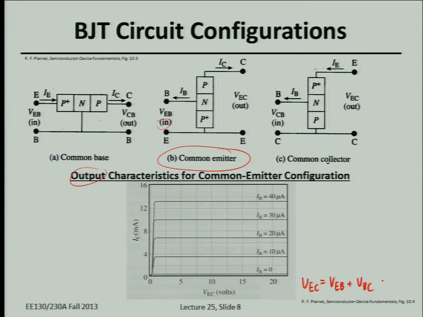So VBC, in the active mode, will be the reverse bias on, well, it's normally reverse bias on the collector junction.